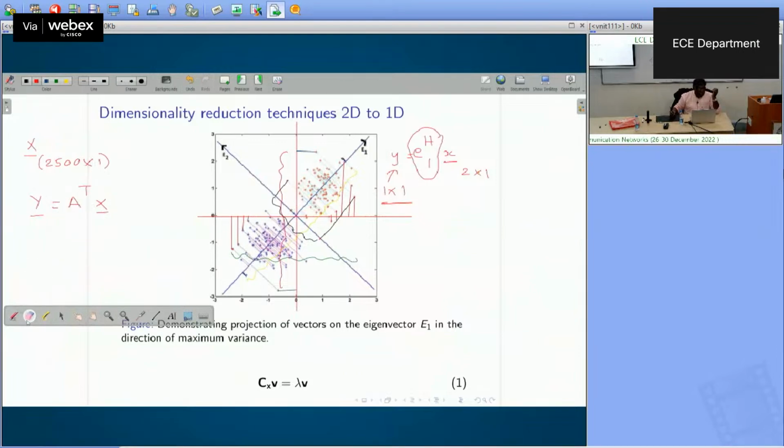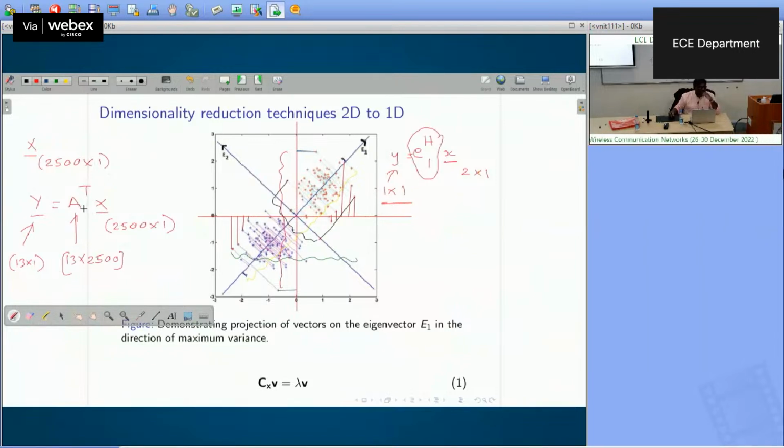So Y equals A transpose X, where X is of size 2500 cross 1 and this matrix Y is of size 13 cross 1, and this matrix is of size 13 cross 2500.